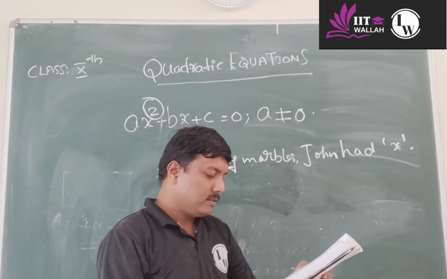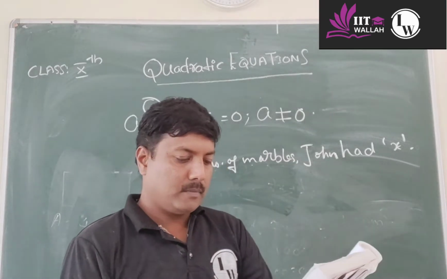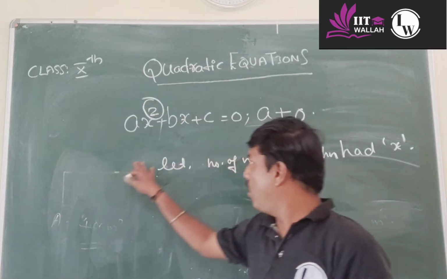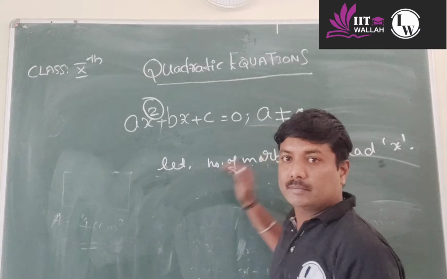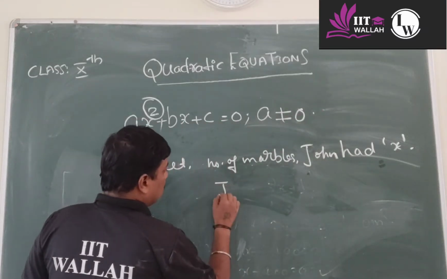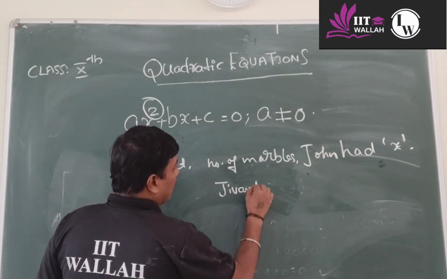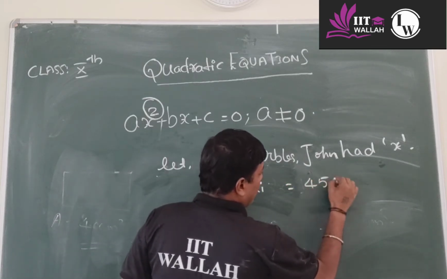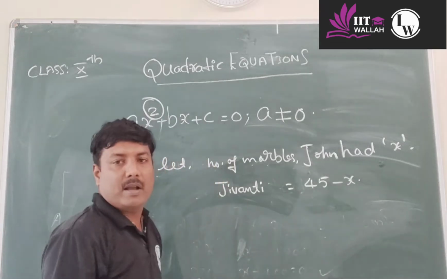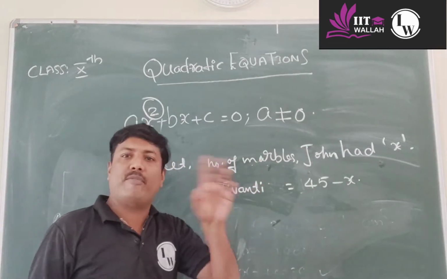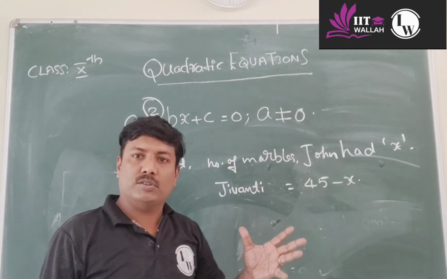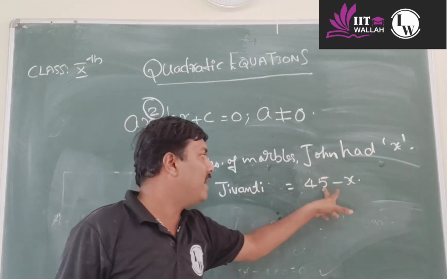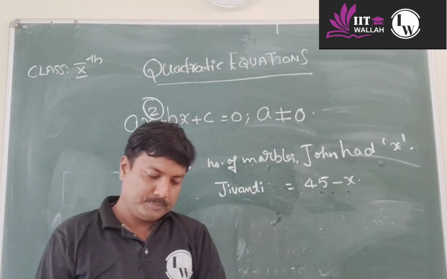John and Giovanni had 45 marbles together. That means if John had x, Giovanni will have 45 minus x, because together they got 45 marbles. So suppose John had x, then Giovanni had 45 minus x.